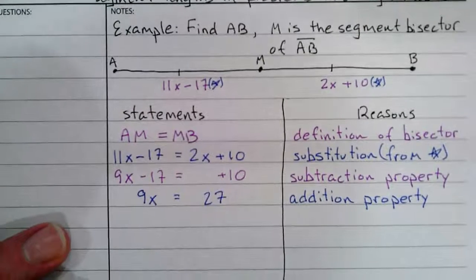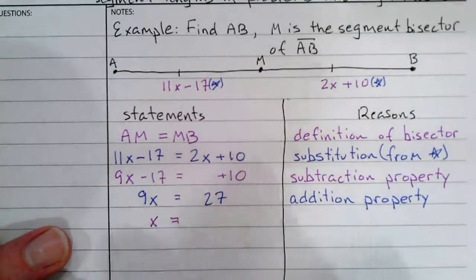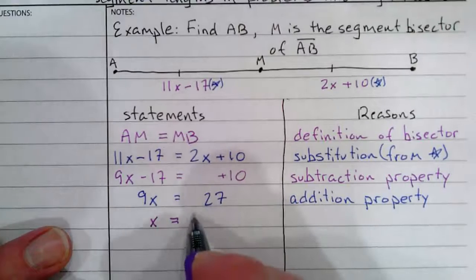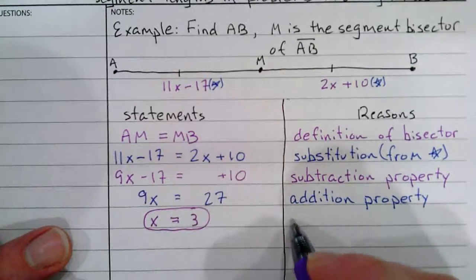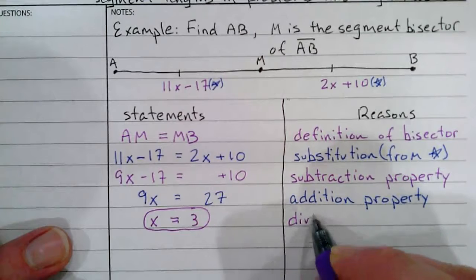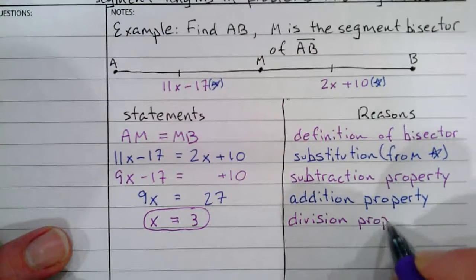Next, I've got 9x equals 27. To get to a single x, we have to divide both sides by 9. 27 divided by 9 is 3. So now we've found x. In this last step, we used the division property of equality.